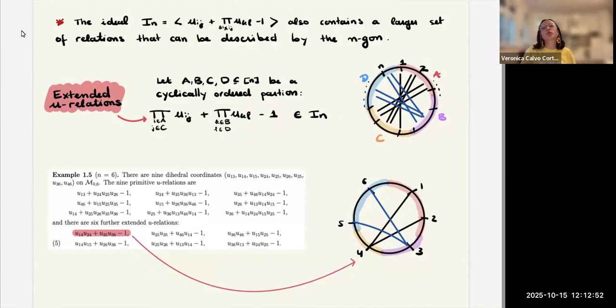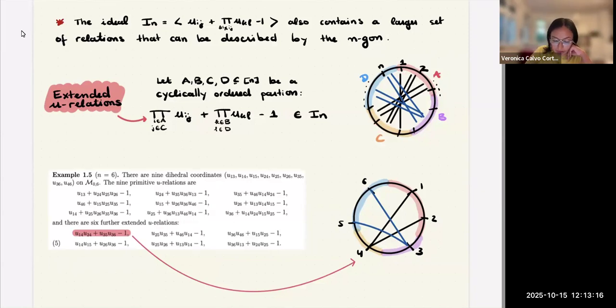So one can also verify this using these cross ratio relations. But it's a very nice set of relations. And somehow the idea is that you're grouping some vertices and looking at U relations in a smaller n-gon.